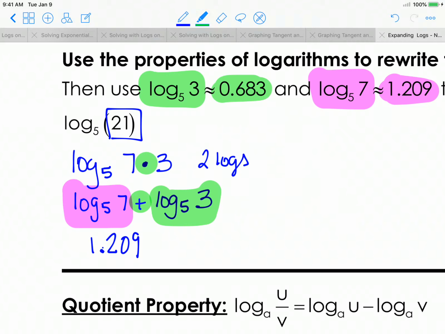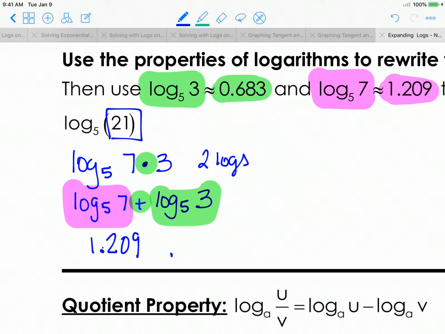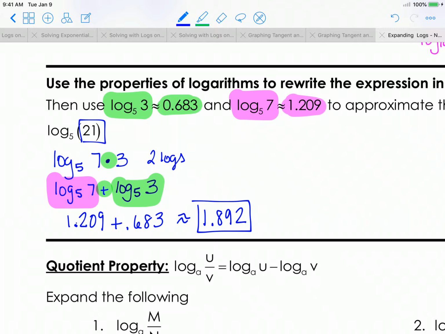I know that is approximately 0.683, and I can add these two numbers together, 1.209 plus 0.683, and that's approximately 1.892. And then that's my answer. How do you guys feel about that one?